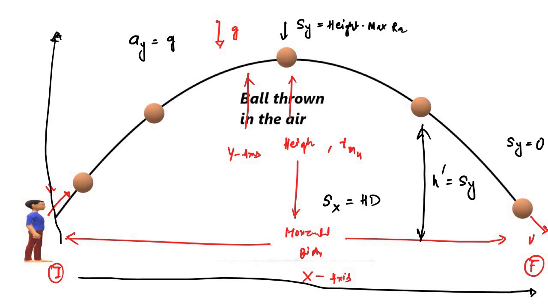Here I have always told you that when motion, that is the velocity and acceleration, are in the same direction, acceleration is taken as positive. And when velocity and acceleration are in the opposite direction, acceleration is negative.